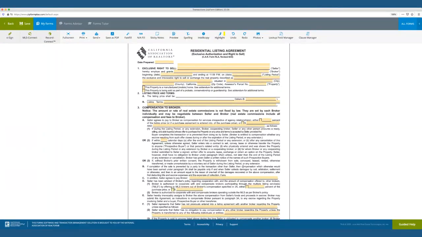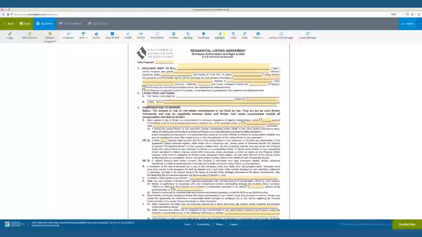So 3B, if completion of the sale is prevented by a party to the transaction other than the seller, then compensation which otherwise would have been earned under paragraph 3A should be payable only if and when the seller collects damages.